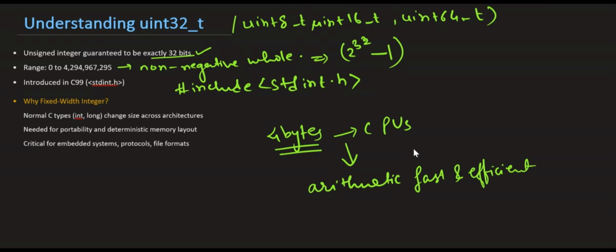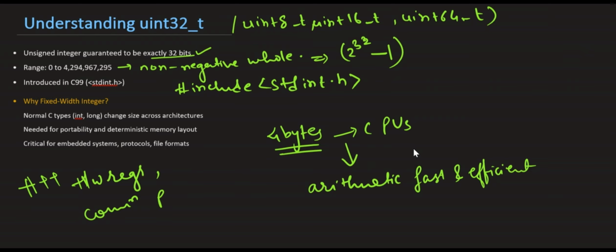In this session, I'm going to talk about uint32 only, but whatever I'm saying is mostly applicable to 8-bit, 16-bit and 64-bit as well. The second advantage is that many hardware registers, communication protocols and data formats require exactly a 32-bit wide data type.